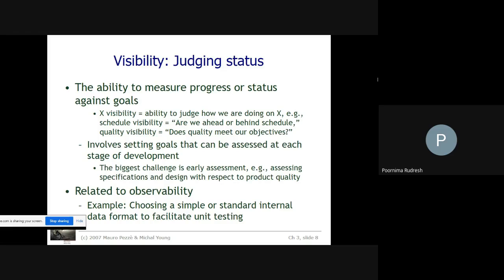Here we have two types of visibility. One is called schedule visibility, and the second one is quality visibility. So schedule visibility says: are we ahead or behind the schedule?